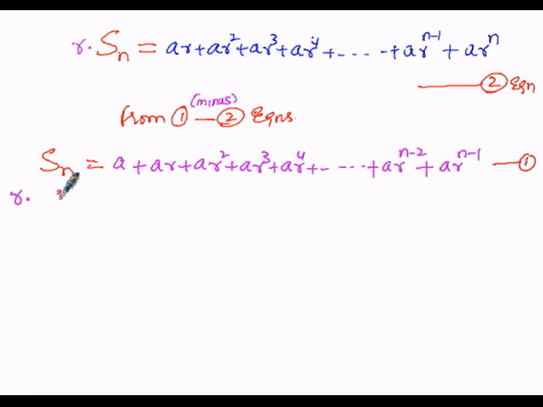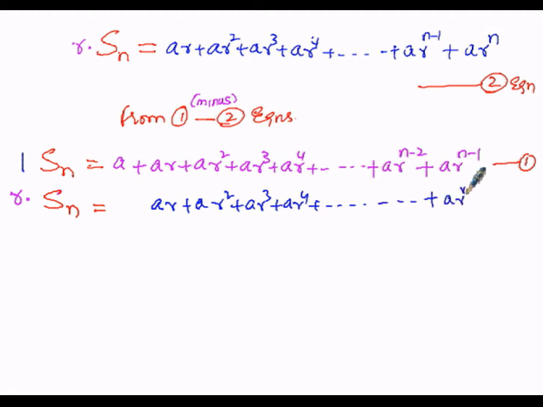Here the coefficient of Sn is 1, and here the coefficient of Sn will be r. So here r into Sn equals, the first term is ar, then the second term is ar square, the third term is ar cube, the fourth term is ar to the power of 4, plus and so on, ar to the power of n minus 1 plus ar to the power of n, which is nothing but the second equation.